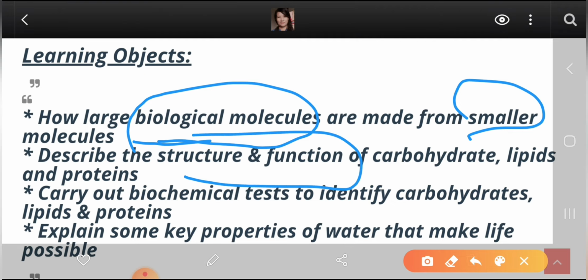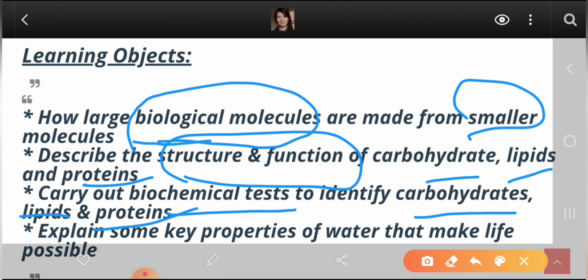Describe the structure and function of carbohydrates, lipids and proteins, carry out biochemical tests to identify carbohydrates, lipids and proteins, and explain some key properties of water that make life possible. So that is the biological molecules.